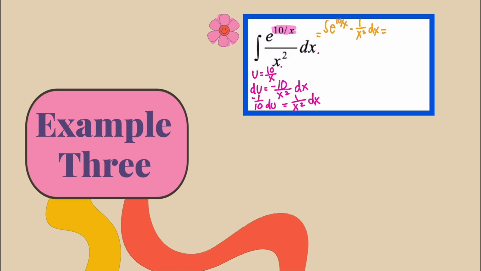From here, we're going to plug in all of our u terms. It's now going to be e to the u times negative 1/10 times du. In order to use the u substitution more smoothly, we're going to rewrite it one more time. We're going to put the negative 1/10 in the beginning, e to the u times du.